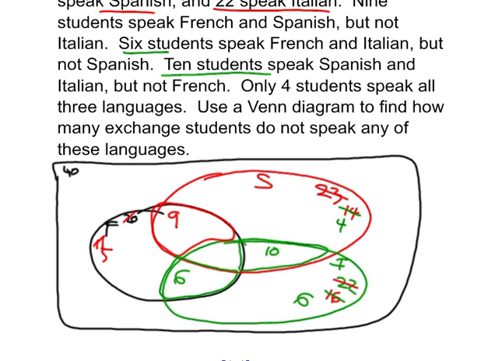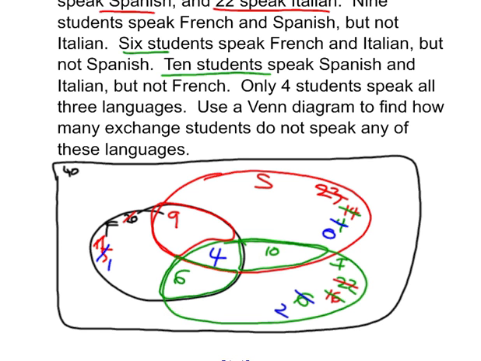Only 4 students speak all 3 languages, so I'll put the 4 students in the center. If there's 4 students there, that means that there's 1 student left here, there's no students left here, and there's 2 students left there.